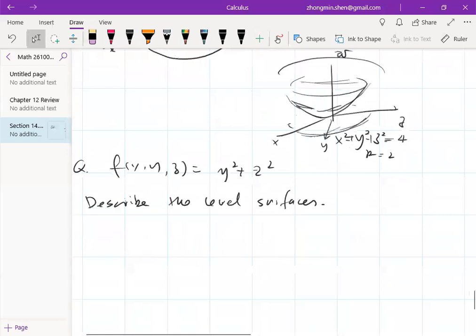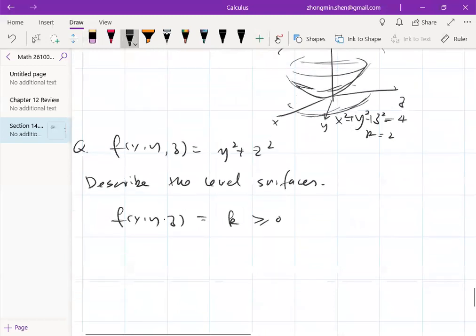First of all, the function always has a non-negative value. So f(x, y, z) is going to be k. Let's only consider positive numbers. So in other words, you are looking at this kind of equation.